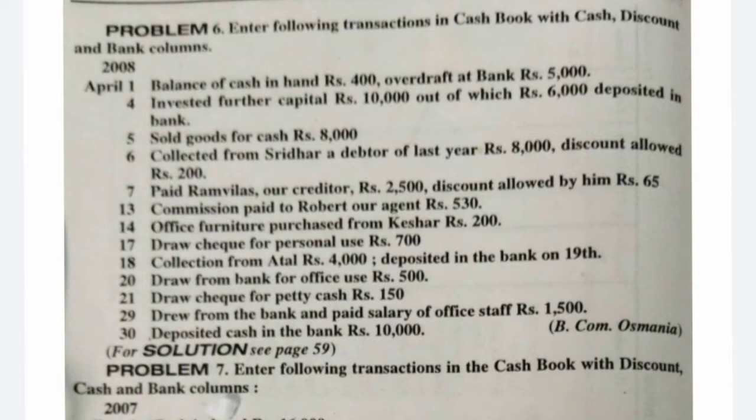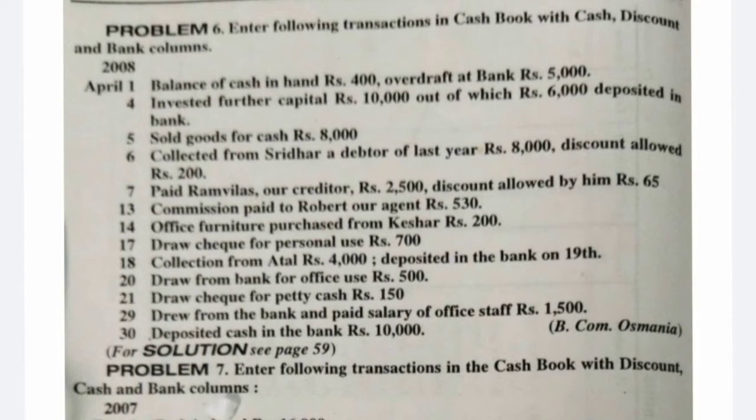Collection from Atal rupees 4000, deposited in the bank on 19th. We are collecting the cash from Atal, that is rupees 4000 on 18th April, and we are depositing the same in the bank on 19th April. So on the collection date, 18th April, the entry would be cash account debit, that is debit what comes in, credit the giver, that is Atal.